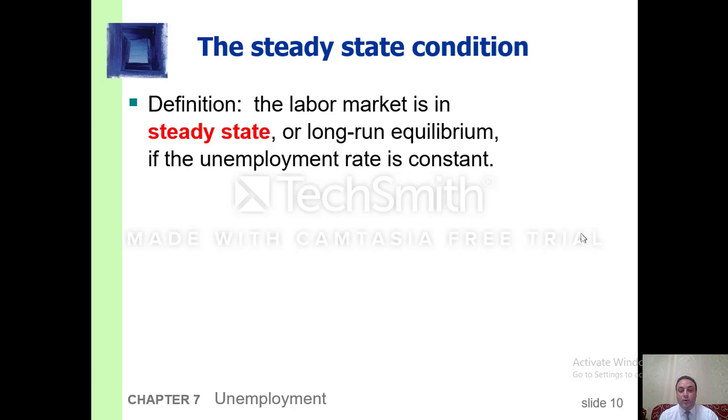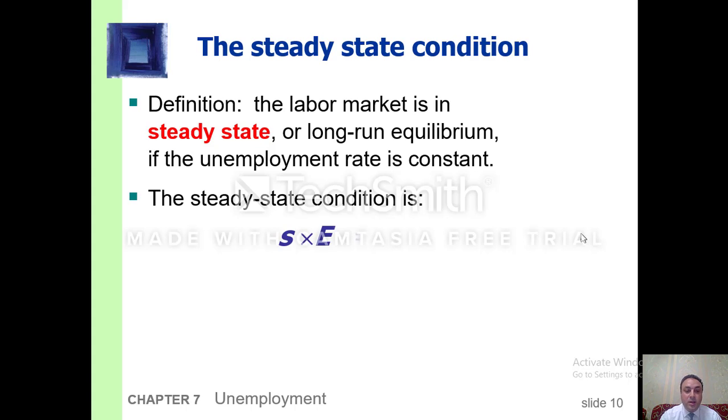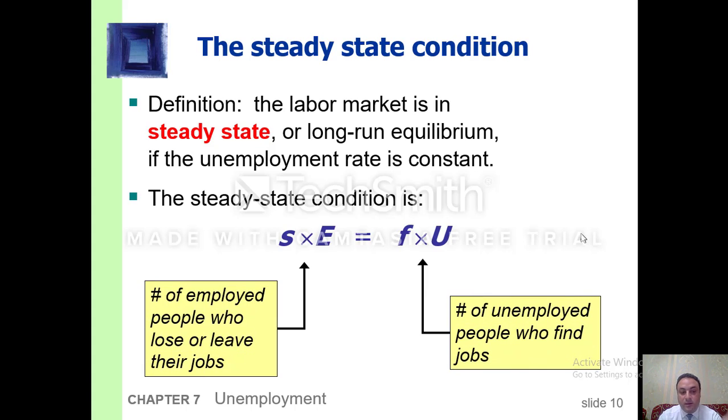If the unemployment rate is constant, it is called the steady state. So what is the steady state condition? We can see that the number of employed people who lose their jobs equals the number of the unemployed people who find jobs. This is the steady state when the unemployment rate is constant.